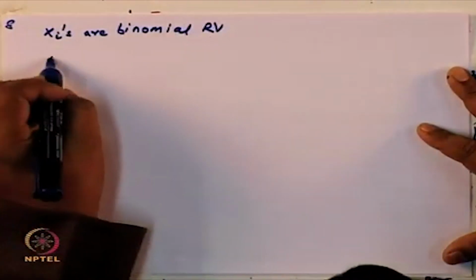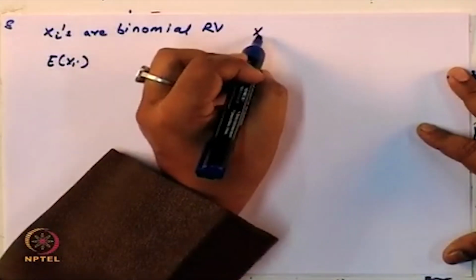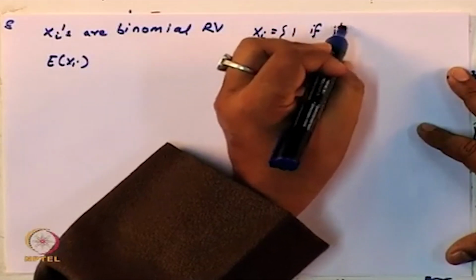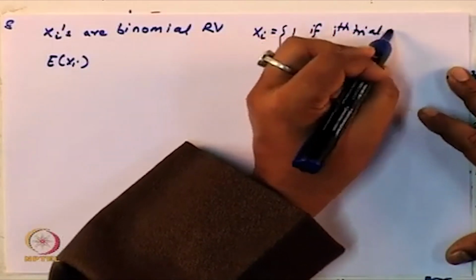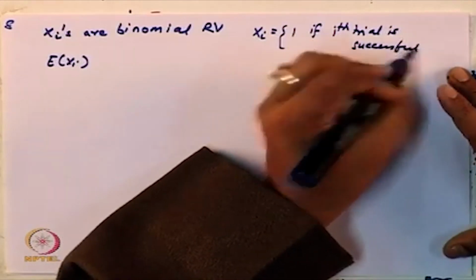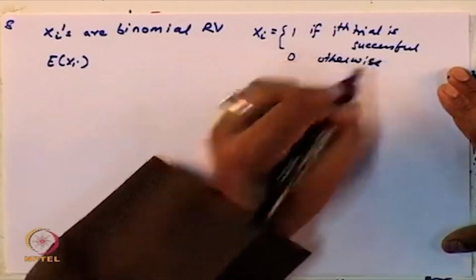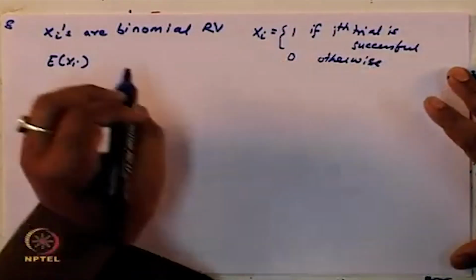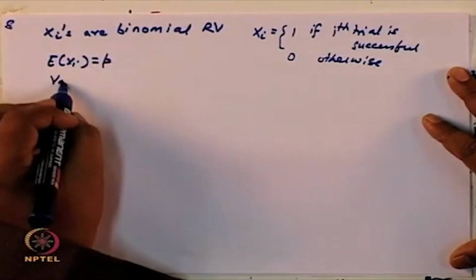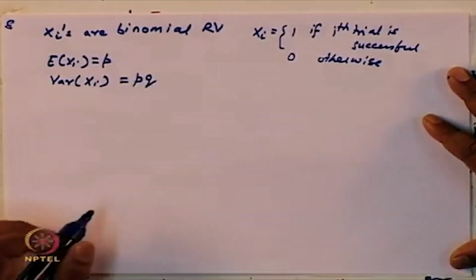Then we know that E of xi, so we can call xi 1 if the ith trial is successful, equal to 0 otherwise. So, we have previously demonstrated that E of xi is p and variance of xi is equal to pq.